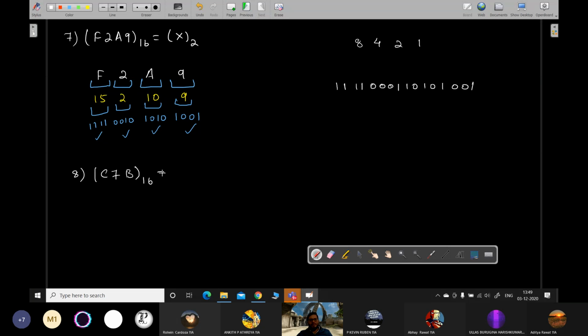This is in base 16, hexadecimal. Whatever you used, just apply the same conversion logic and you will get the answer. Get the binary number and then from the binary number make groups of 3.